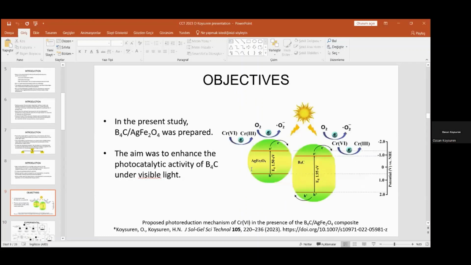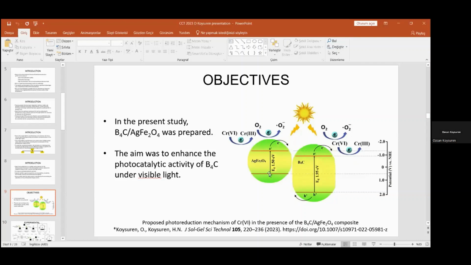What is our objective in this study? Our main objective is to suppress the high recombination rate of photo-induced charge carriers on boron carbide. For this purpose, we have coupled boron carbide with a magnetic semiconductor, silver ferrite. We utilized the differences in conduction band and valence band energy, as you can see here in the figure.